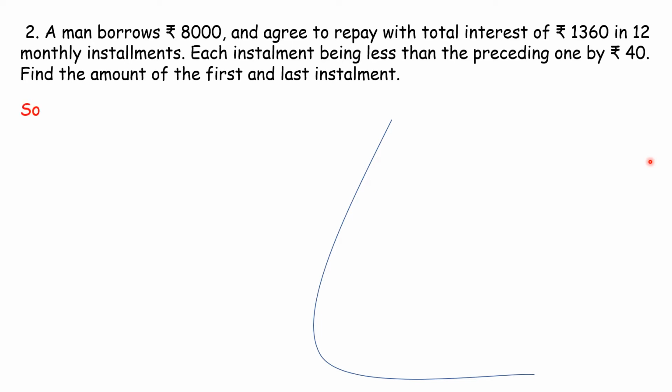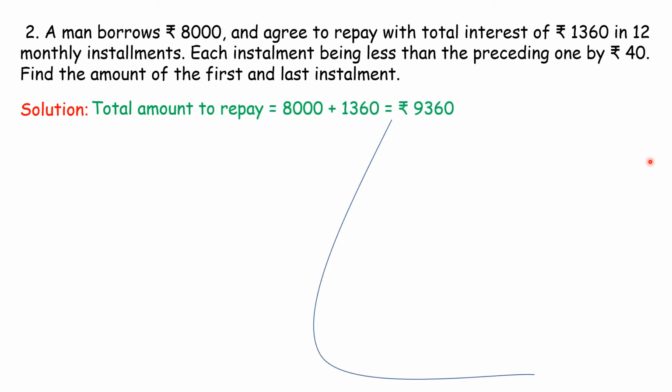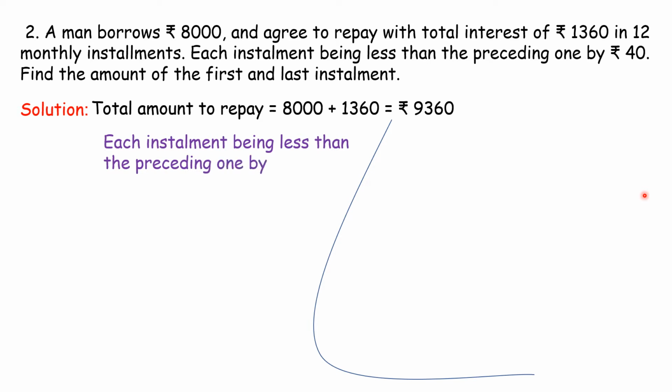So write down the solution. Total amount to repay is equal to 8,000 plus 1,360 is equal to 9,360 rupees. Each installment is less than the preceding one by rupees 40. So here it is an AP.